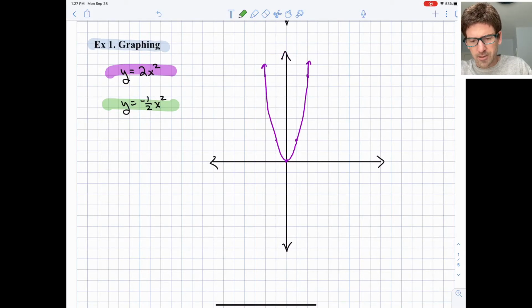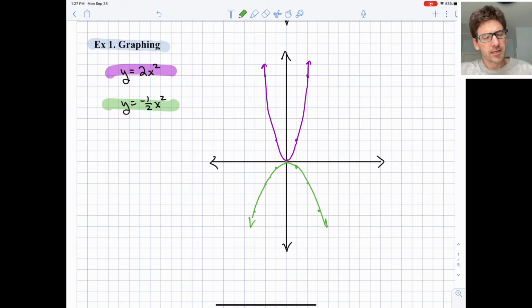Over 1 down 1/2, over 2 down 2, over 3 instead of down 9, it would be down 4.5, and we would have symmetry on the other side of the axis as well. So you can see this parabola looks a little more bowl-shaped here, opening downward.